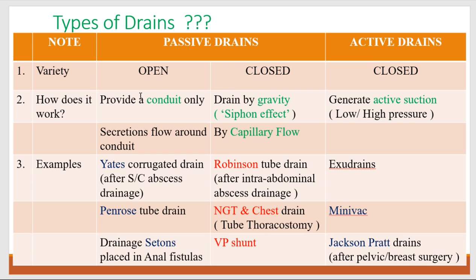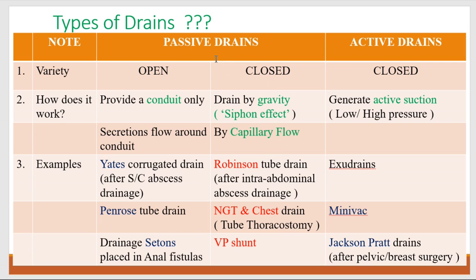So the take home message: there are two broad types of drains, passive drain and active drain. Passive drain, open and closed; active drain, only closed. Open passive drain: corrugated, Penrose and setons.